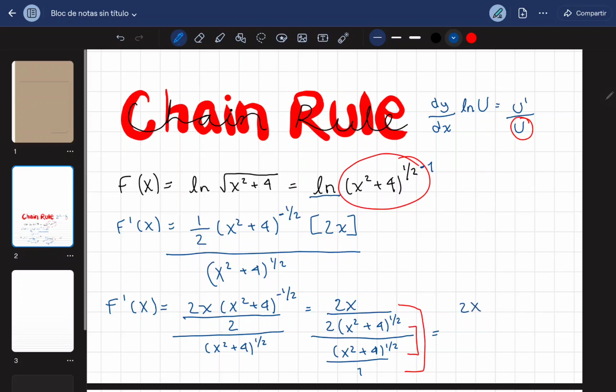Well, in this case, you can apply the reciprocal too. You can solve this by using the reciprocal if it's easier for you. If not, you can solve it by using the sandwich or tortilla law. So 2x times 1, 2x, and this is divided by 2.